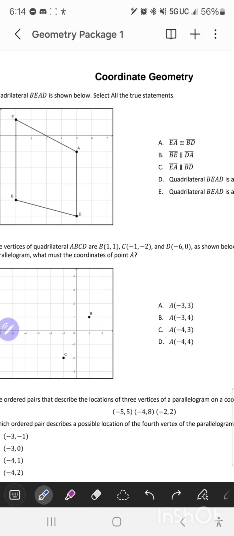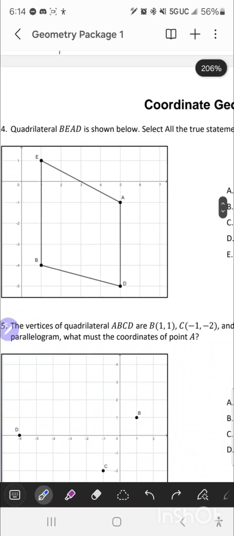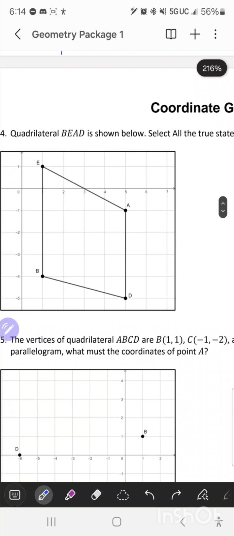Part A, EA is congruent to, or equal. I like to say equal with these signs. This sign means congruent. EA is congruent to BD. We can do the same as we did before, and I'm going to count 1, 2, 3, 4, and this is 1 and 2.